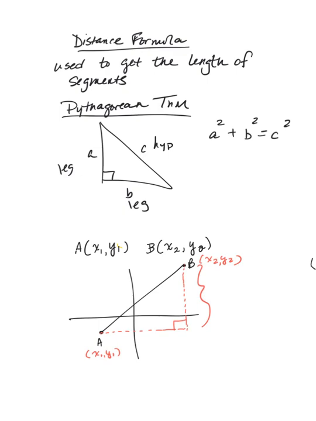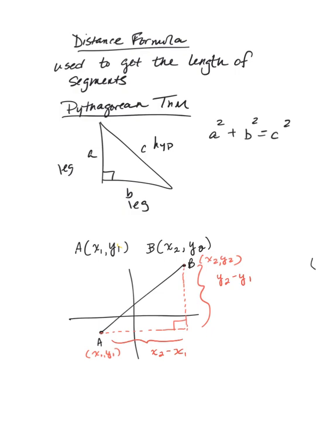You would take your y2 minus your y1, wouldn't you? Because this is a vertical distance. And then if you wanted to find this piece here, you would need to do x2 minus x1, right?